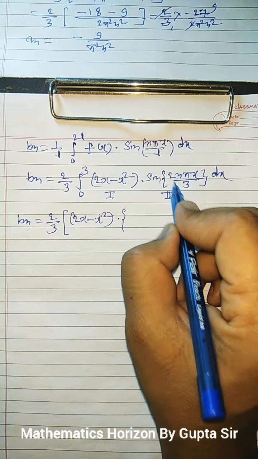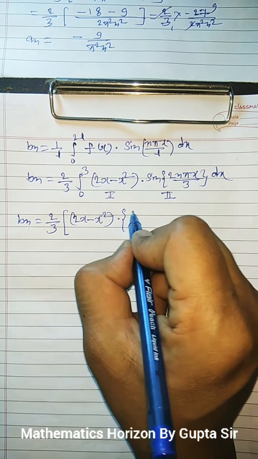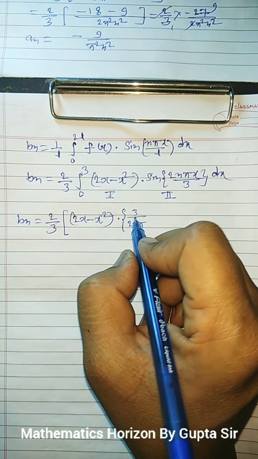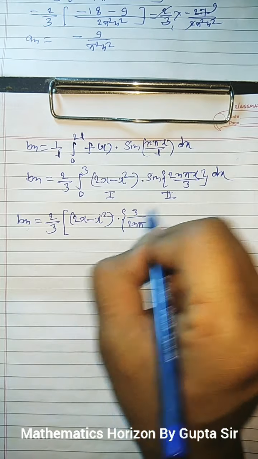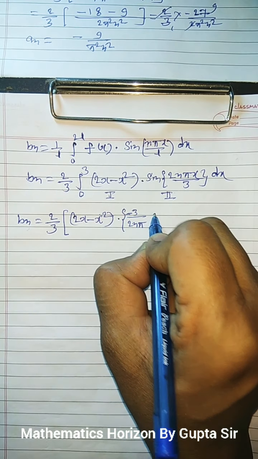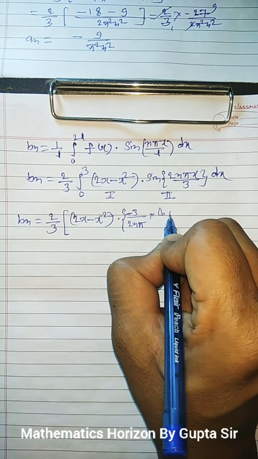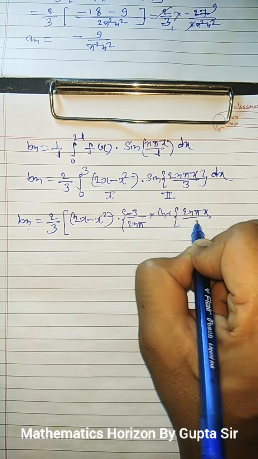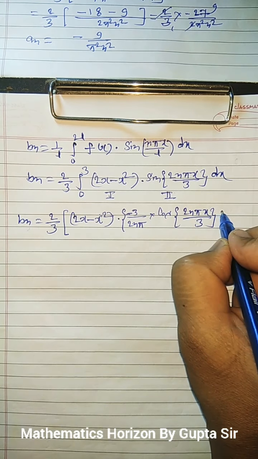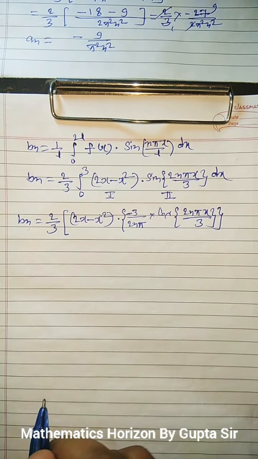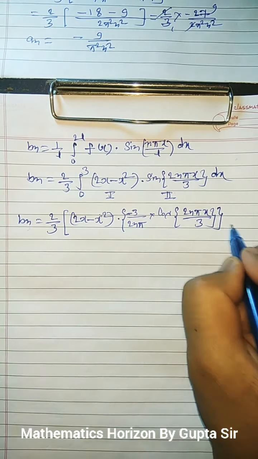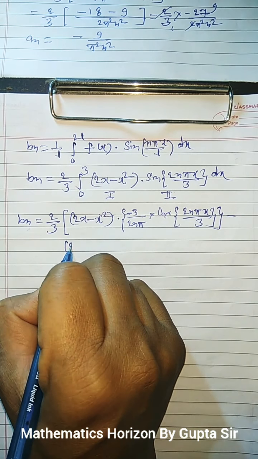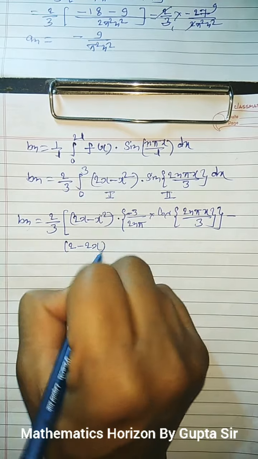Okay, and we have this bracket term, we have to differentiate this, means this will be 3 upon 2n pi, and differentiation of sine is minus cos, we have negative term, that is into cos 2n pi x upon 3, okay, minus differentiation of first. Differentiation of first means 2 minus 2x.